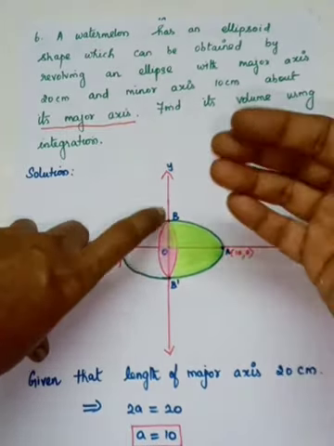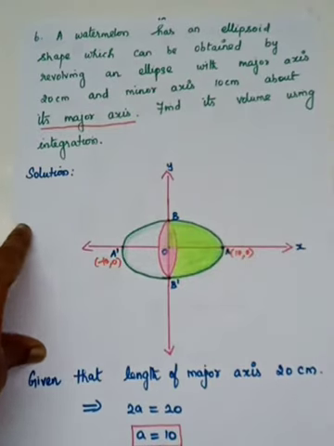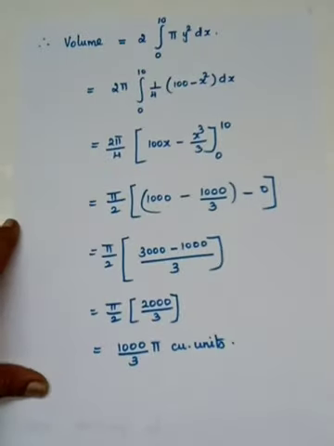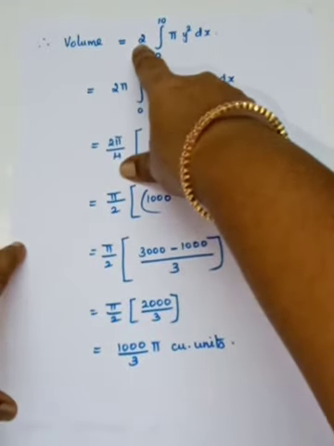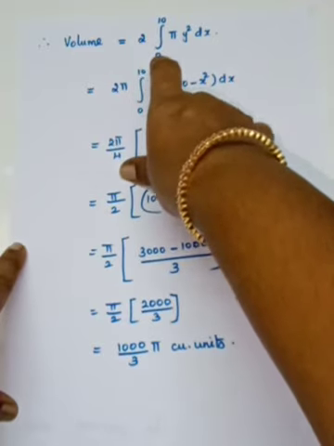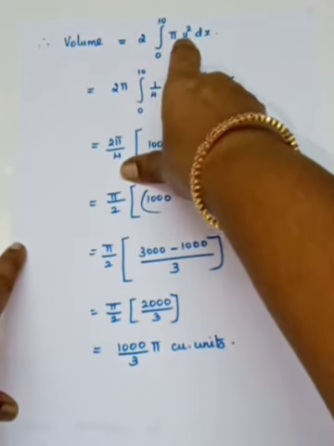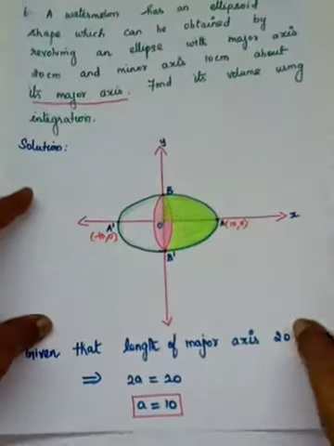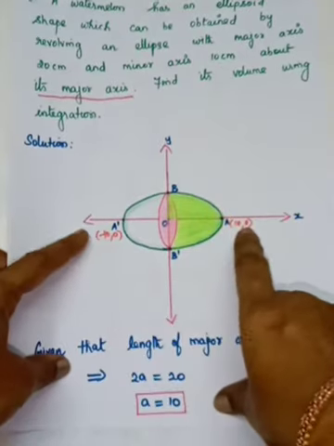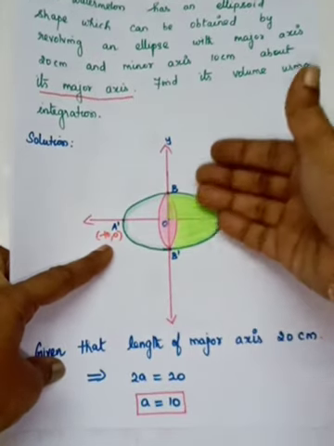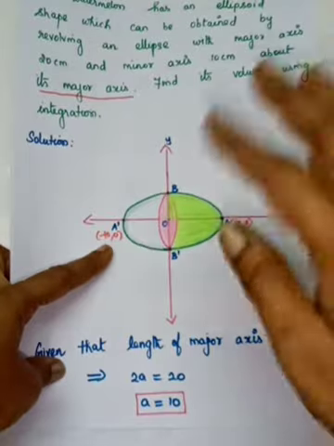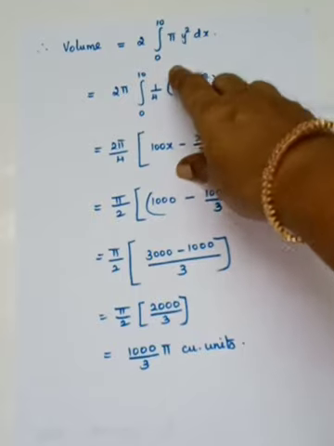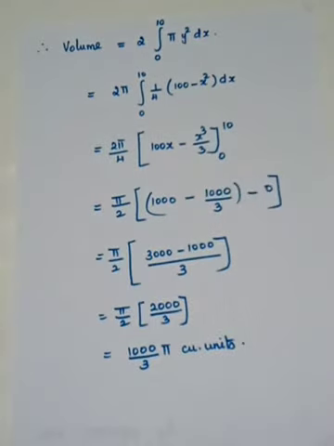It is symmetrical about both the axes. So that's why I'm going to find the required volume as 2 into the integral from 0 to 10 of pi y squared dx. Why has this 2 come? Otherwise we have to take the limit from minus 10 to plus 10. It is symmetrical about the x-axis as well as the y-axis. That's why I have written 2 into the integral from 0 to 10 of pi y squared dx.